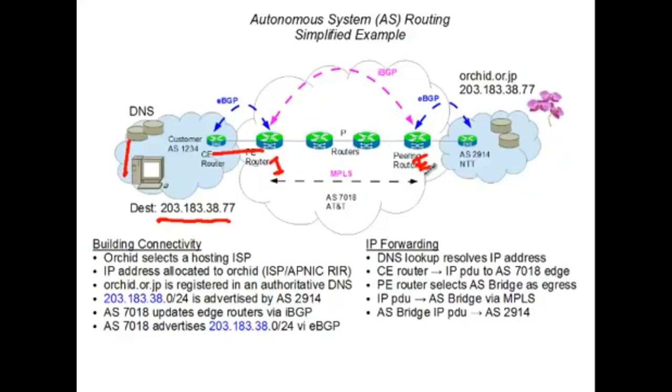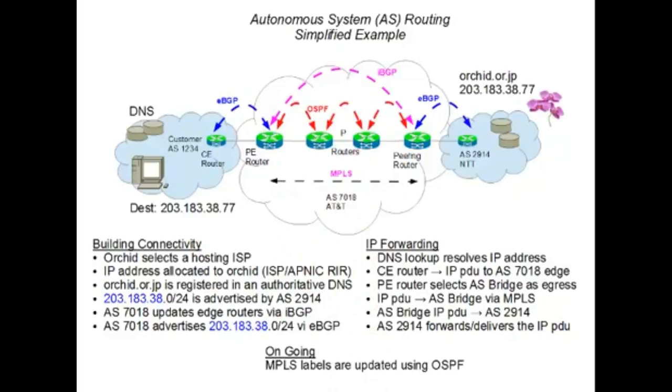At the egress router, the IP PDU is forwarded to AS2914, and so now our packet has been delivered to the host destination. There's an ongoing update that needs to be done in an MPLS network, and the internal label distribution is performed at each of these P routers.